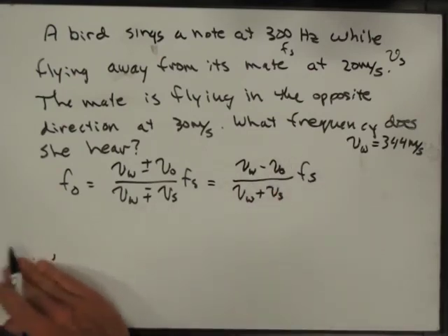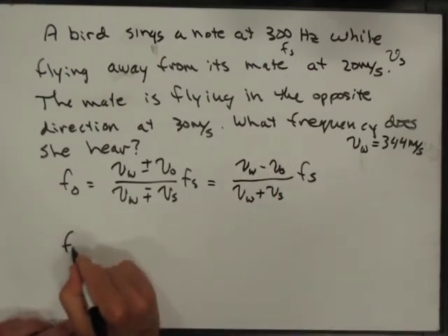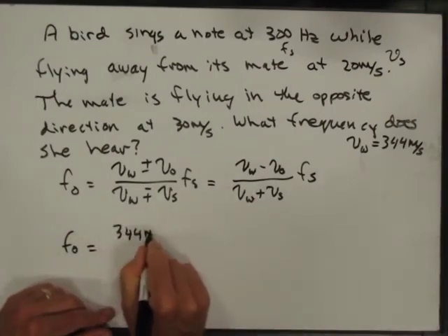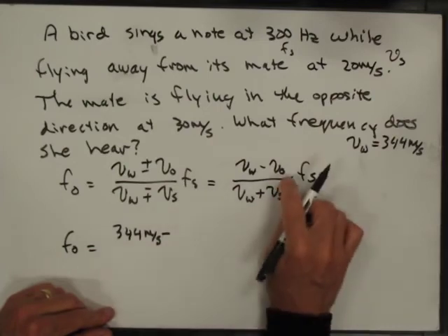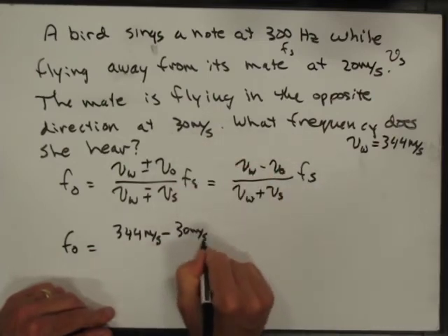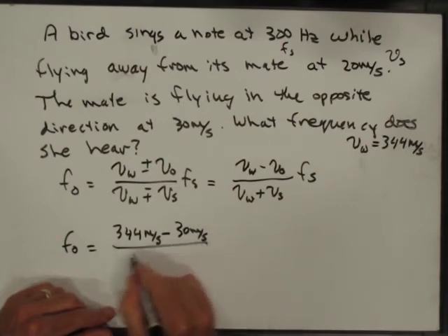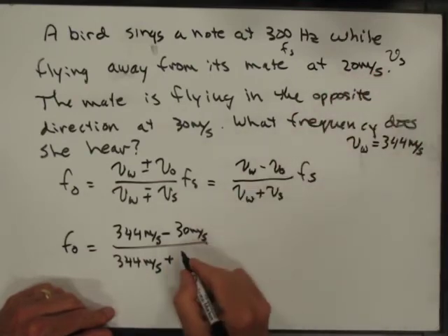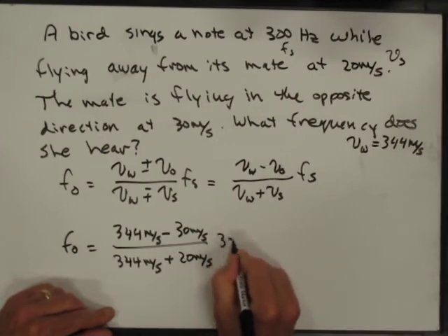I'm going to have to erase my diagram, right? And so that means the observed frequency is 344 meters per second minus the velocity of the observer, which is 30, over 344 plus the velocity of the source times 300 hertz.